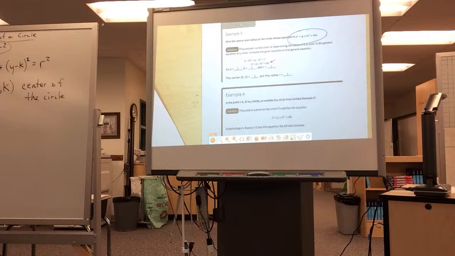It's going to be 0, so h is going to be 0. And then you look over at the y minus k and compare it to what the equation says. And that says 5, and that's subtraction. So if you rewrite this as subtraction, then you'll know what your number is. Don't change the equation, but say y plus 5 is equal to y minus.